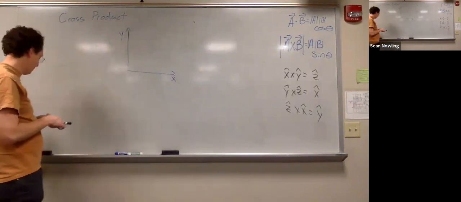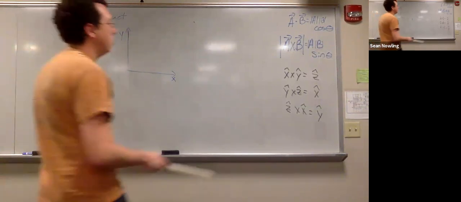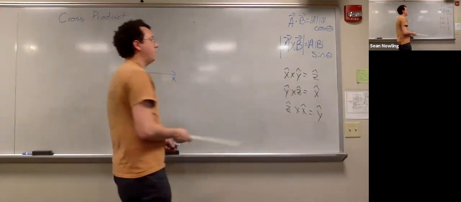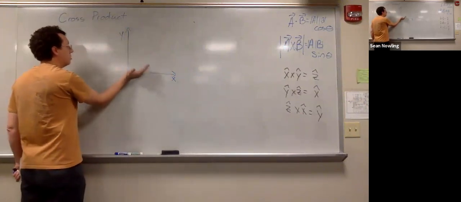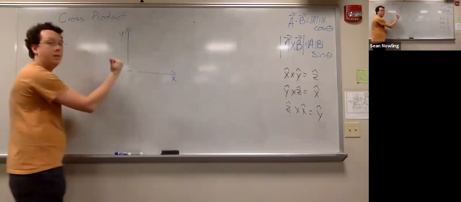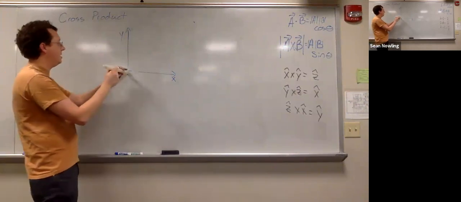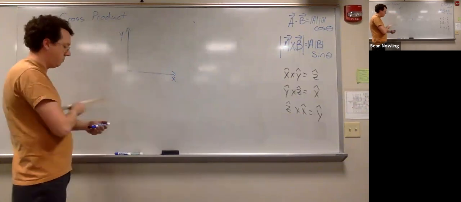Maybe you can't picture it, but we know that X hat cross Y hat points in the Z hat direction. So let's do X hat, curl my fingers towards Y hat, Z hat is going to be into your eye. Z is out of the board.